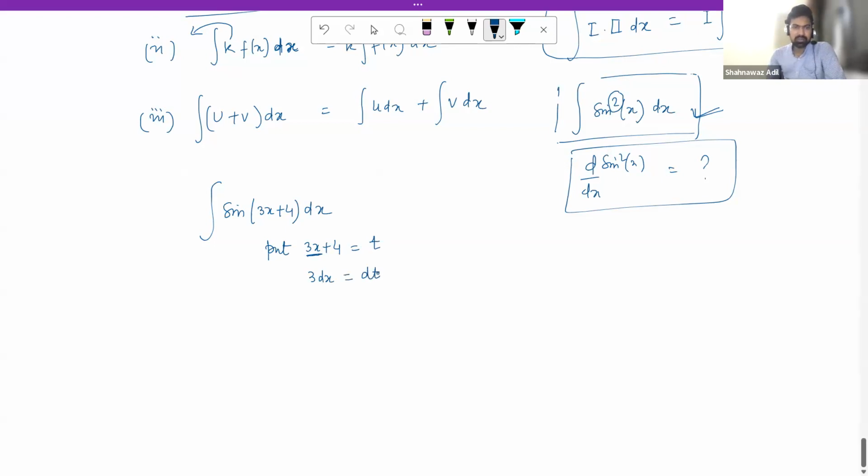Is it clear? Yes. So I can find that dx is dt by 3. Then with the substitution method, I can solve this. Now, what would be the integration if I put this thing in?